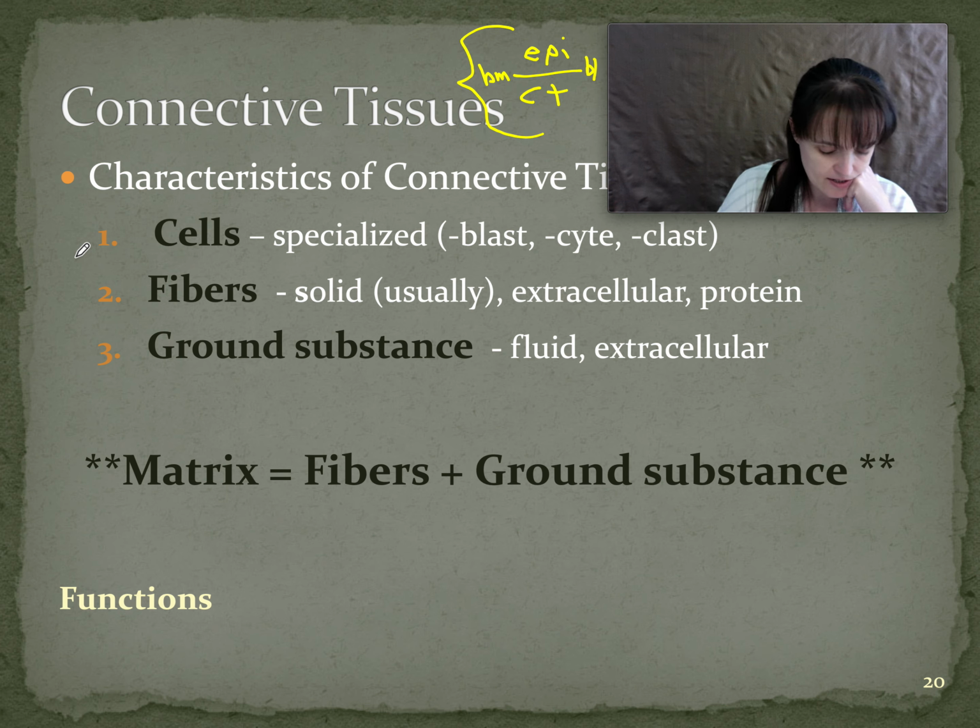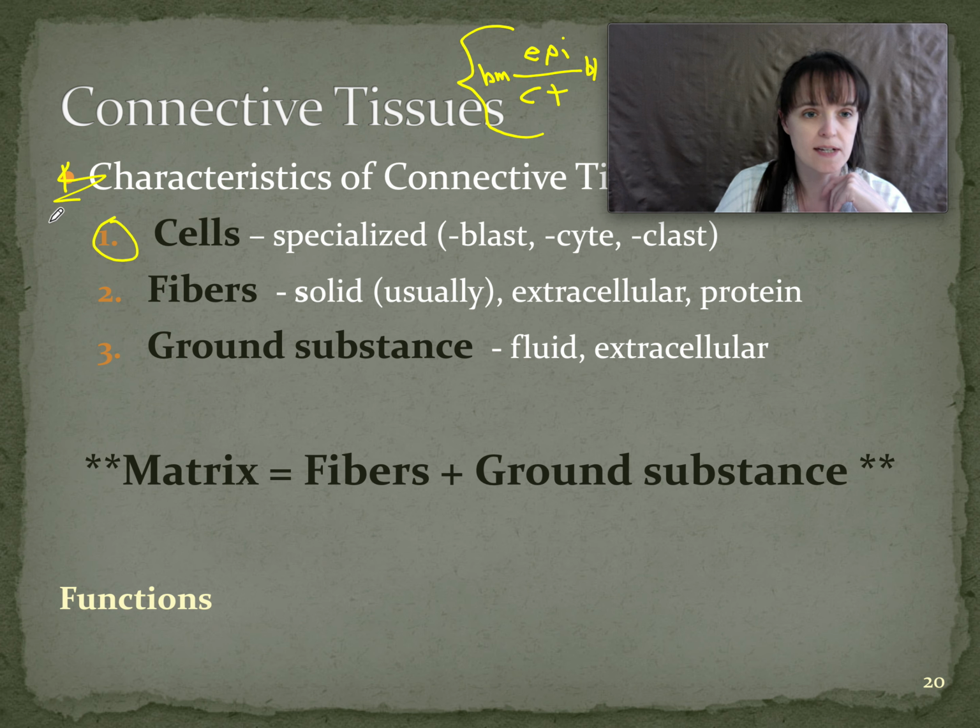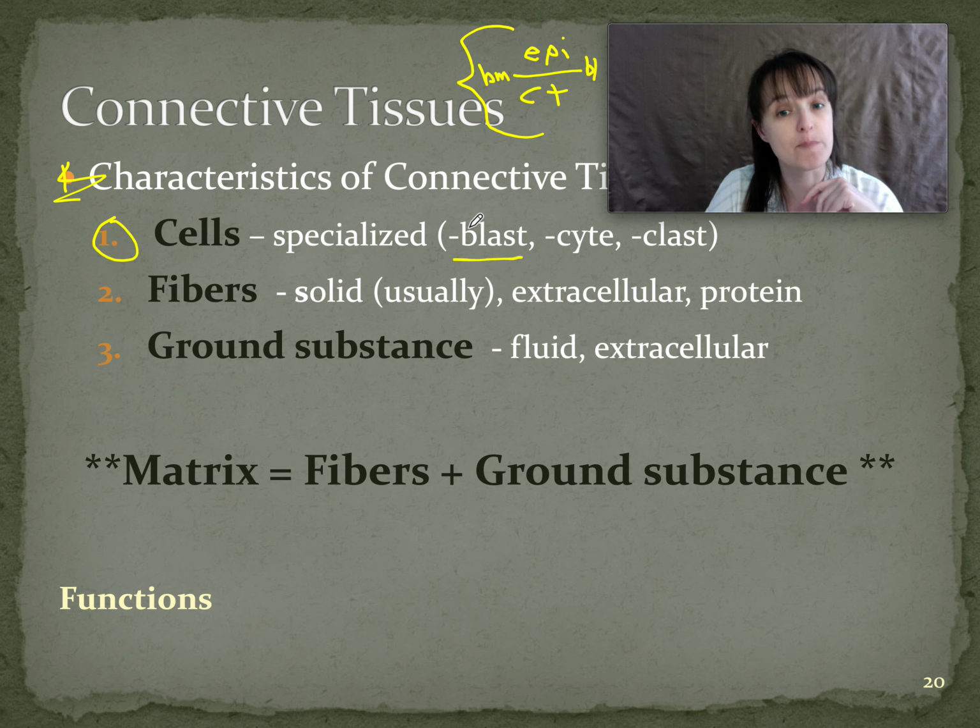There are 3 basic components of connective tissue. Number 1, cells, specialized cells, and there are different types of cells. A blast cell is a builder cell, and there is no point from here on out that you don't need to know that. It builds whatever it says.